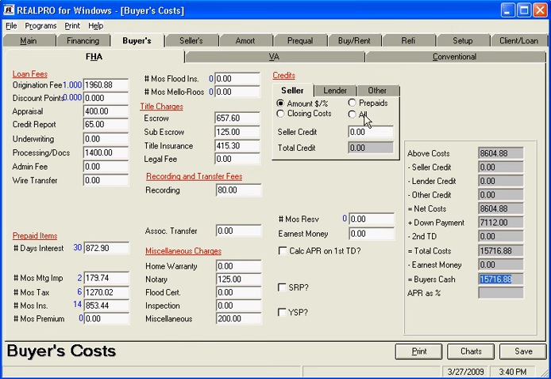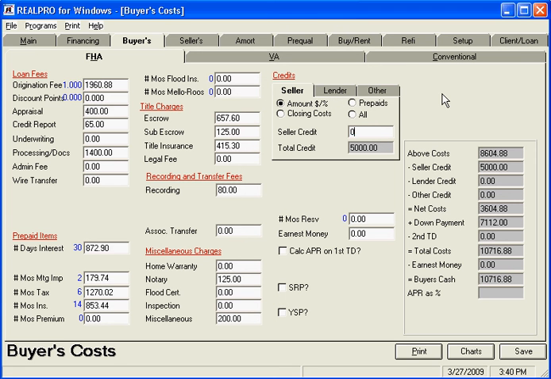$15,716. We can also pass any of these costs on to the seller. Let's say the seller agreed to pay the closing costs but not the prepaids. Or the seller agreed to pay all of the closing costs. Or the seller agreed to pay $5,000 of closing costs. You can also do the seller or the lender credit through this program.